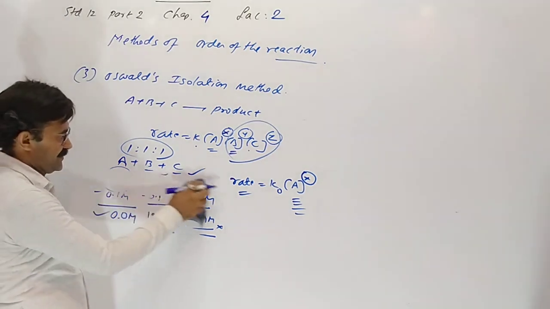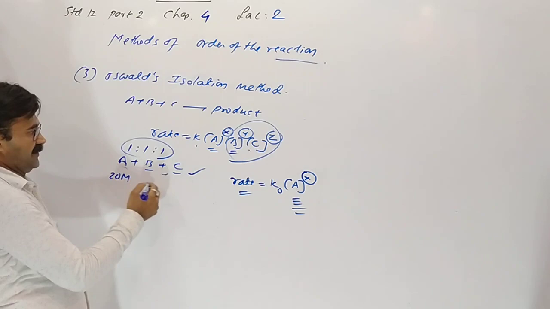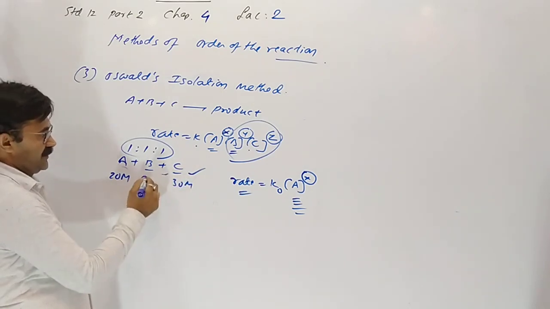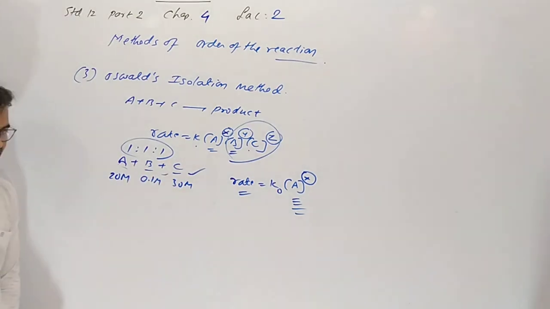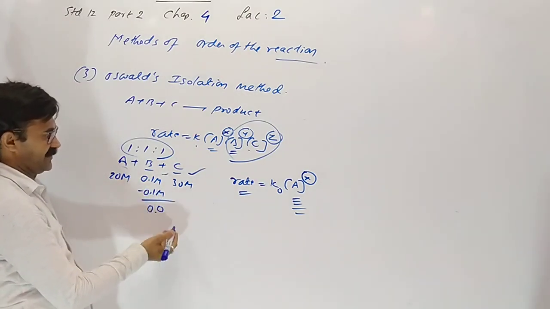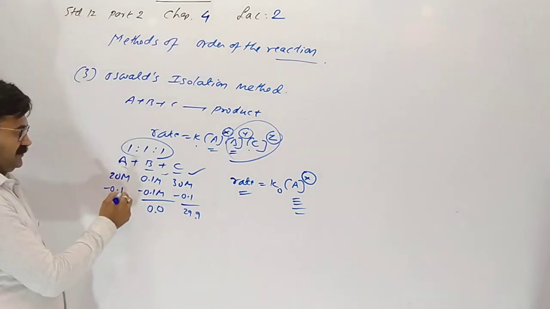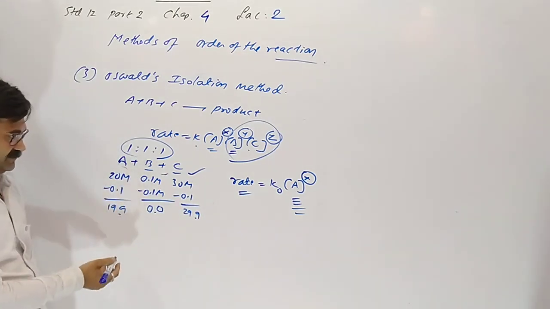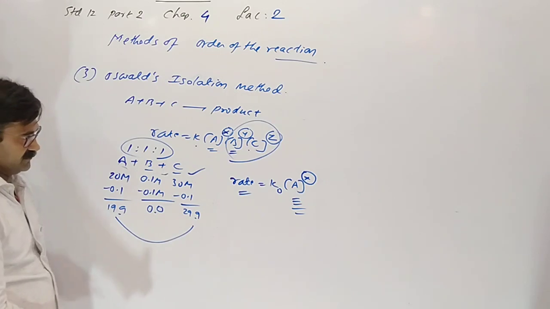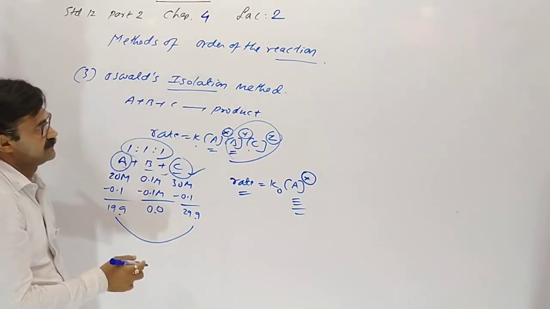Now in the second case, A is taken higher, C is higher, and B is very less. If 0.1 is used, B remains 0, A is 29.9 and C is 19.9. So these two we have to take as constant; that is isolation.